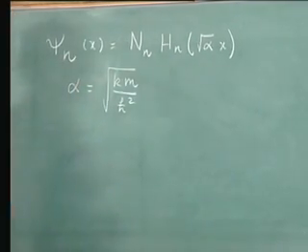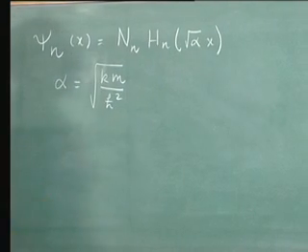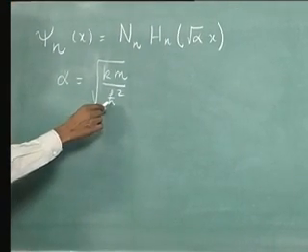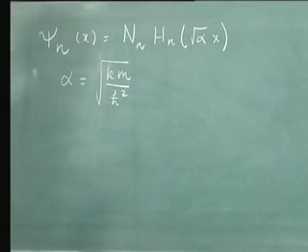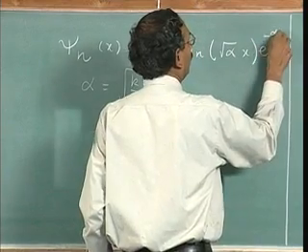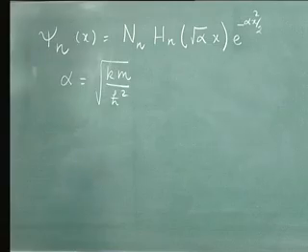K is the force constant, m is the mass of the oscillator, h bar is the Planck's constant divided by 2 pi, and an exponential minus alpha x square by 2 here.